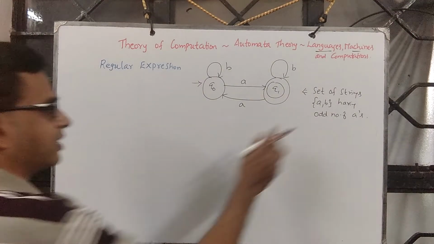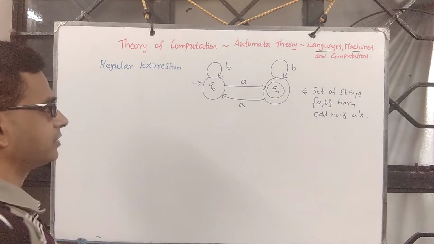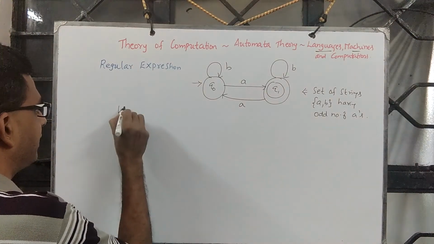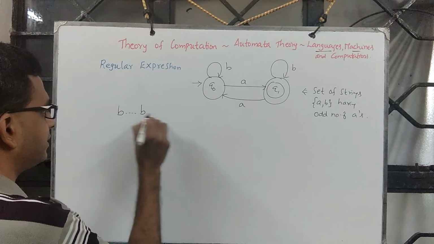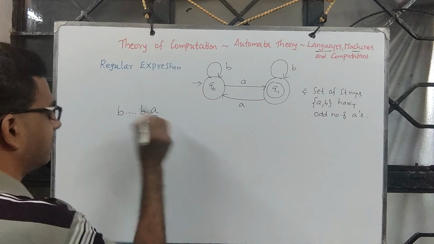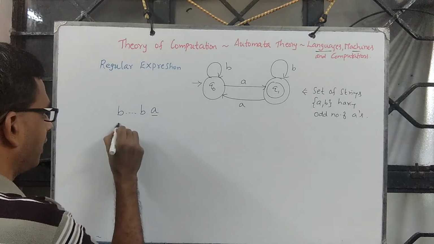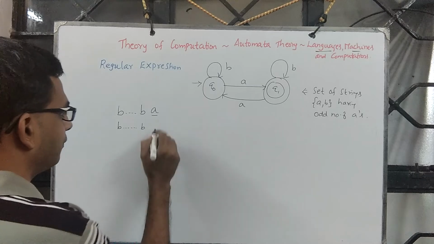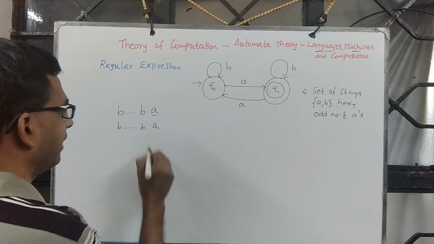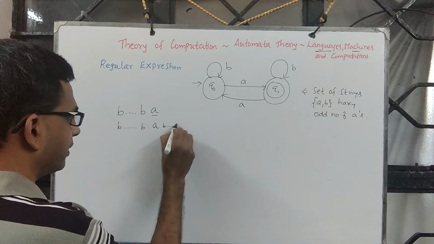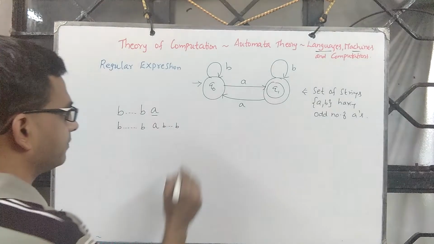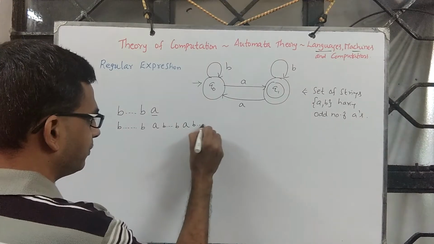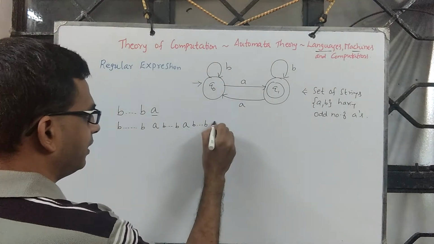Now let's construct the RE for this language. Let's analyze the pattern. The pattern could be a sequence of b's followed by just one a, or it could be a sequence of b's followed by a, and again some more b's, then you read a, then you may read some more b's, then you read a.